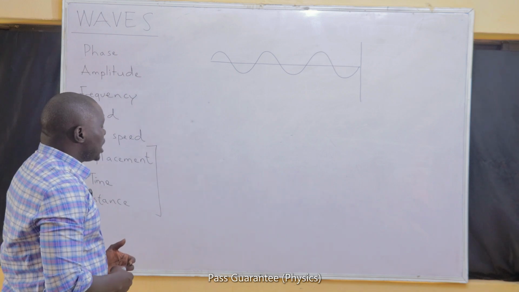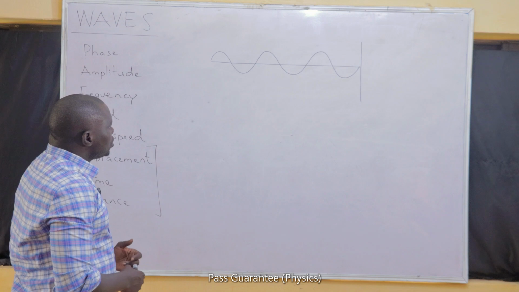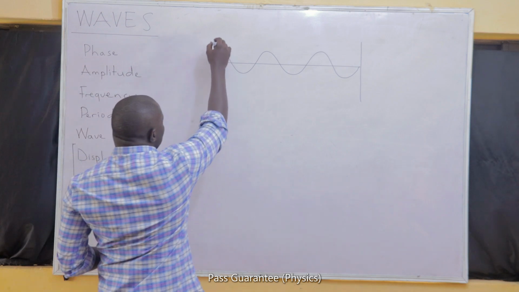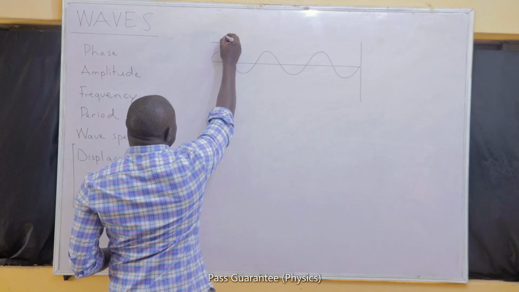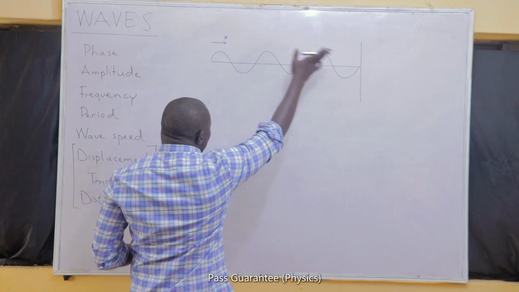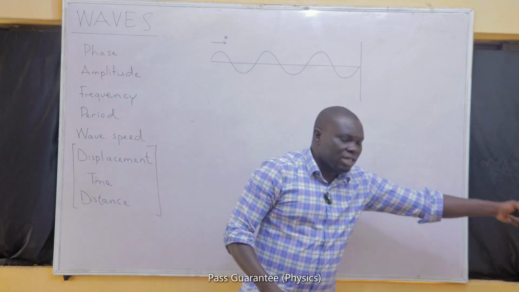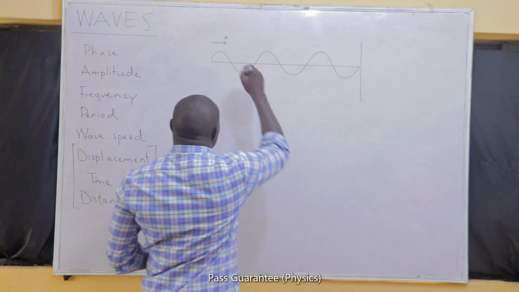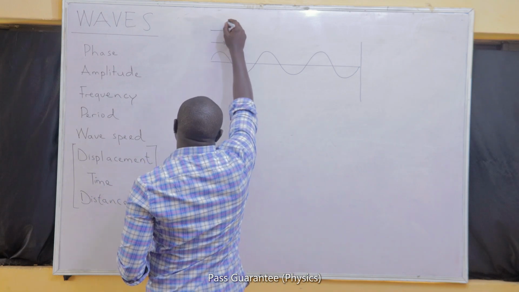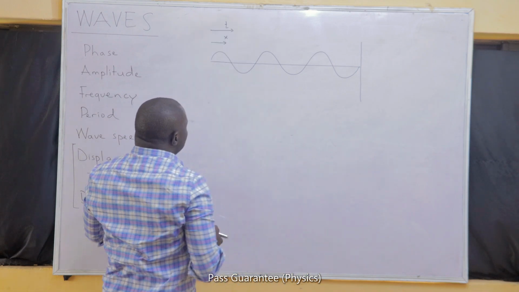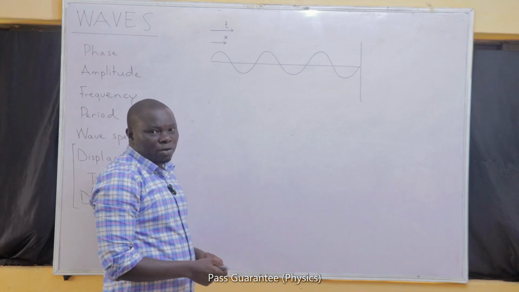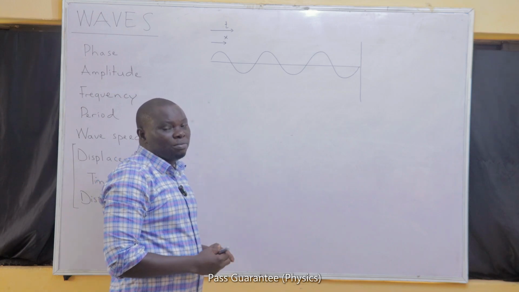So we are going to look at each one of them. Of course, anytime you set up a wave, there's a particular distance that the wave is going to travel. If I set up a wave pulse, it will take the wave some time to travel that distance. If, for example, I just set up a pulse of a wave, that way I am not vibrating it continuously.